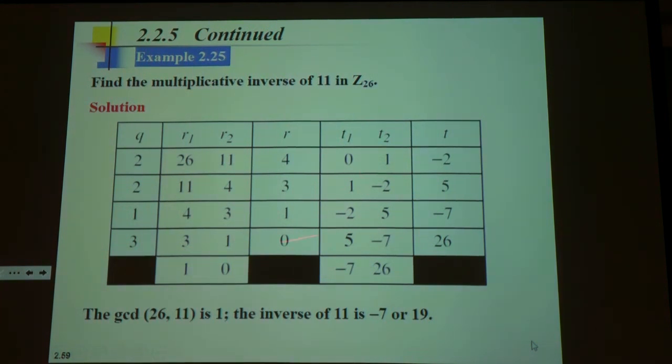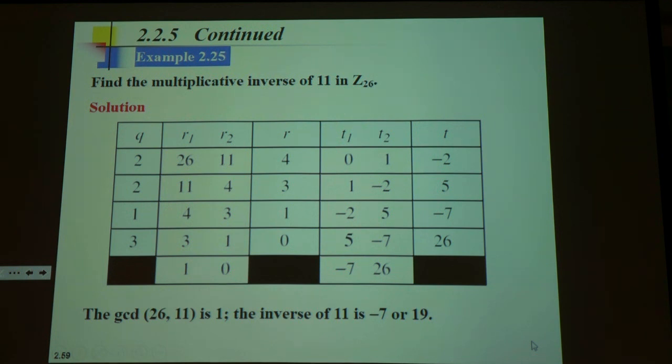When I come to 0 here and this has to be 1, then I can get the multiplicative inverse, which is -7. Or you add the 26 to it, and it becomes 19.